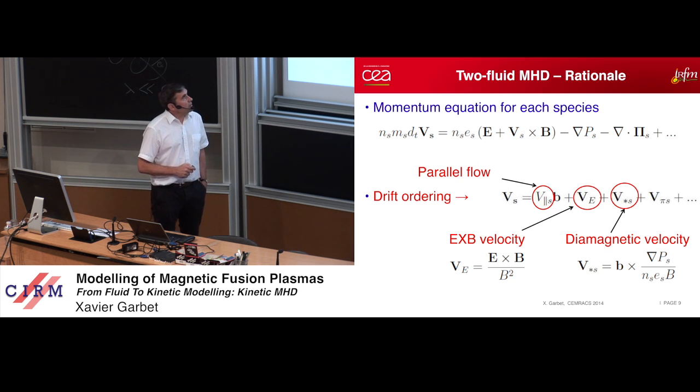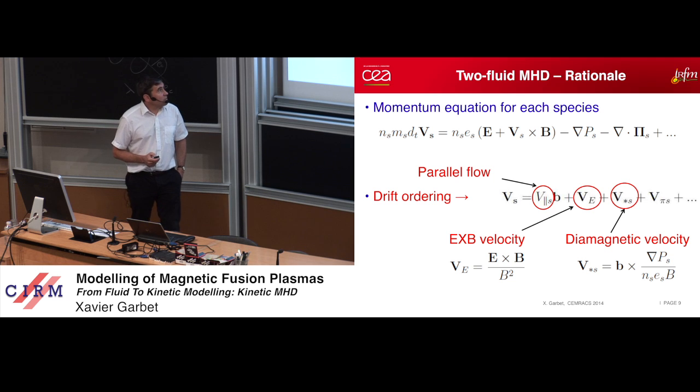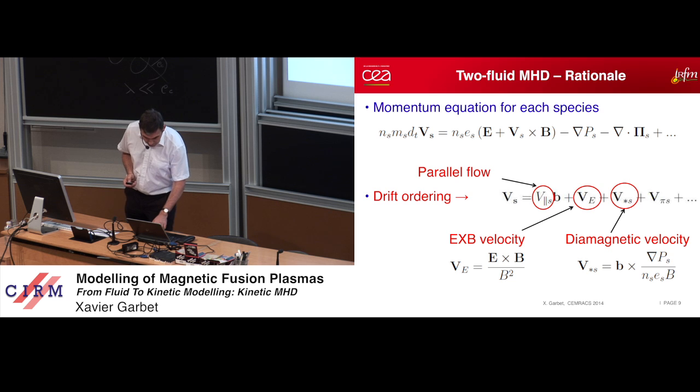For the parallel velocity, you also have choices, but it makes sense to choose the ion velocity because ions carry the mass. So in terms of the flow, it makes sense to choose the ion velocity for the parallel velocity of the MHD flow. But it is a matter of definition, a matter of choice, and there are several choices which are possible.